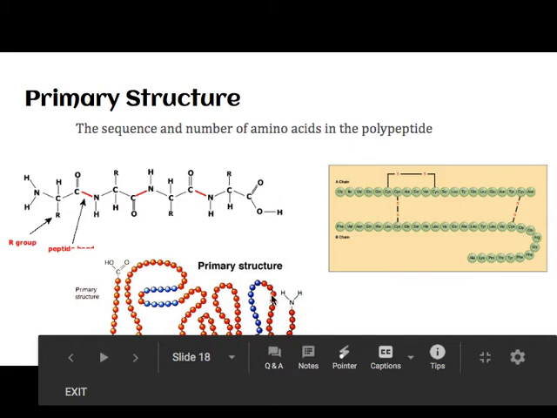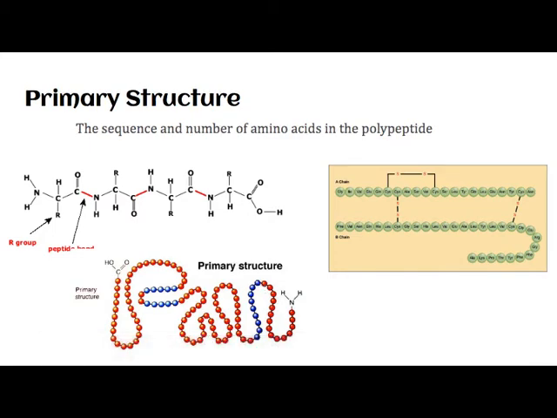What is the order of the amino acids? If you change the order of your amino acids, it becomes a totally different protein. The order also dictates the kind of protein. So primary structure just tells you the sequence.